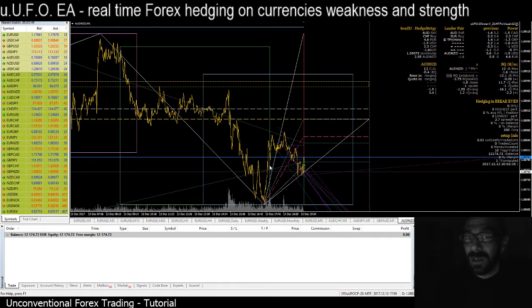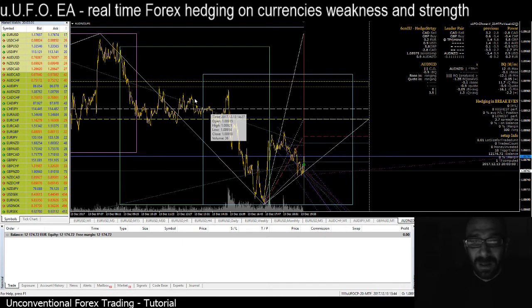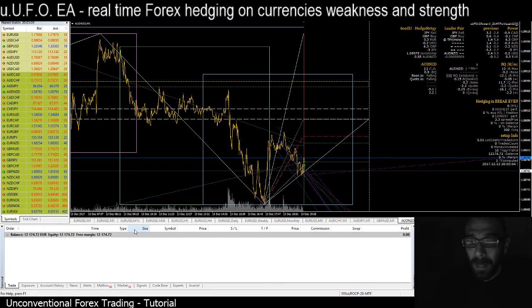So this kind of uncertainty and the breaking of some levels, for example this line, yellow line or yellow box as you can tell, was for me a kind of alert to decide not to go further.